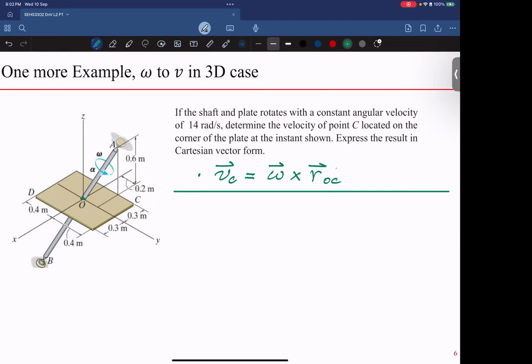Omega, the vector version, is omega, the scalar, 14 radians per second, times the unit vector UOA, right? So how to find UOA?